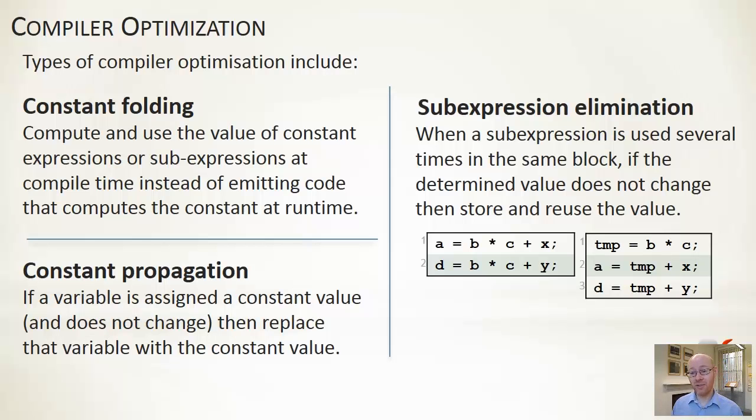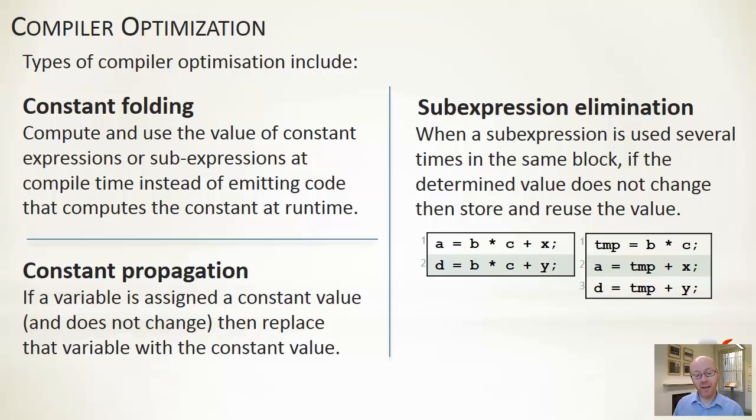Sub-expression elimination. This is an example of one where you actually use a bit more memory, but you do it in a way to save some machine cycles. So we've got a sub-expression that's used several different times in the same block of code. If we've worked out that the block doesn't change, then we could calculate it and store it at the start, or whenever is appropriate, and then reuse it as need be.